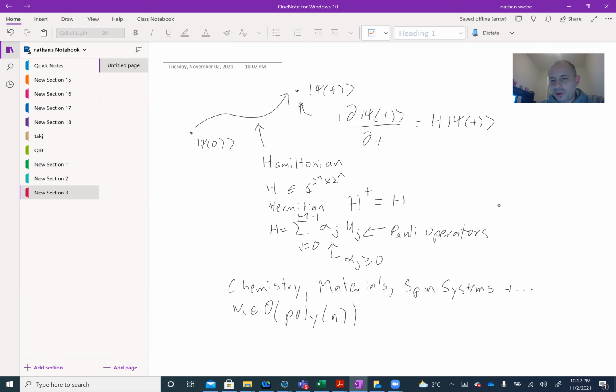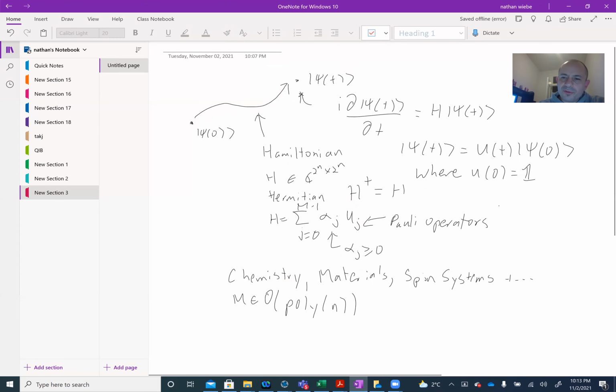Because there's a unitary that will always map the initial state to some final state, we can always describe psi of t as equal to that unitary transformation acting on psi of 0, where U of 0 is defined to be the identity.